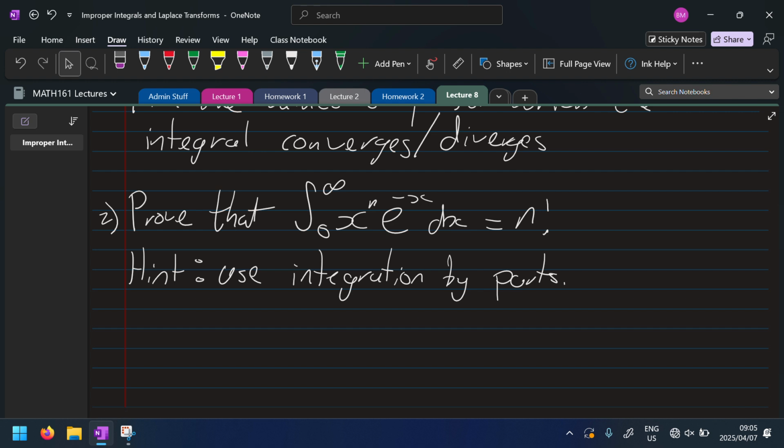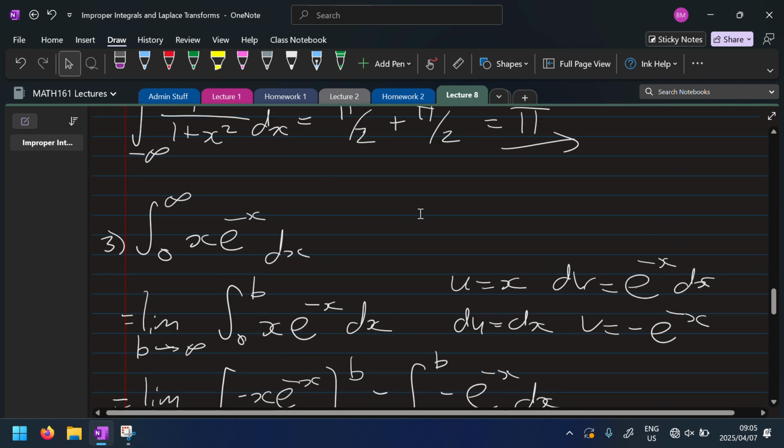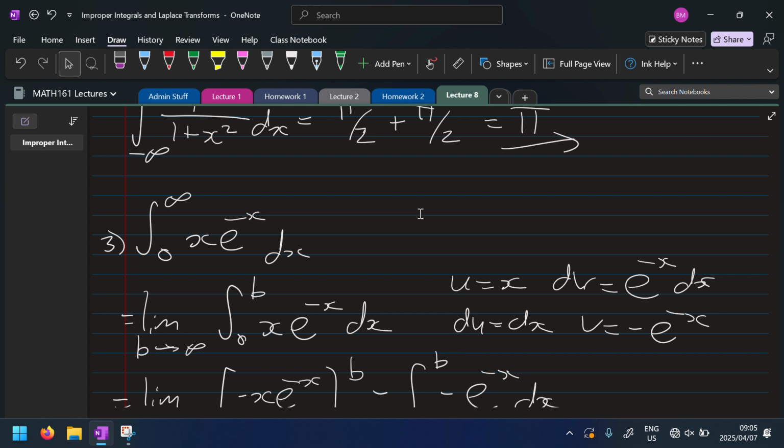Any questions on these examples? The whole idea for all of these: whatever is infinite, like your a or your b, replace it with some variable like b for the top part. You do the integral as normal with the variable there, and then right at the end, you take the limit.